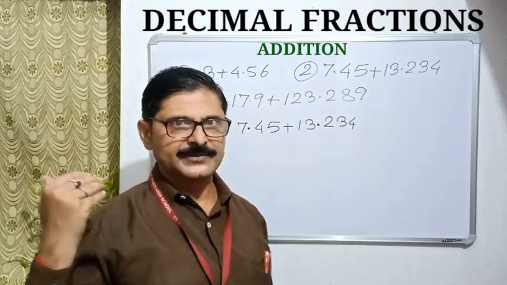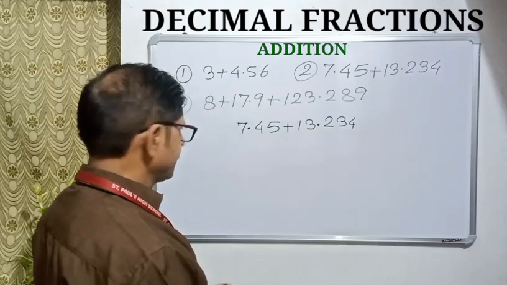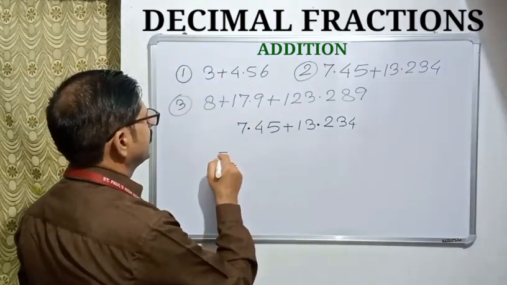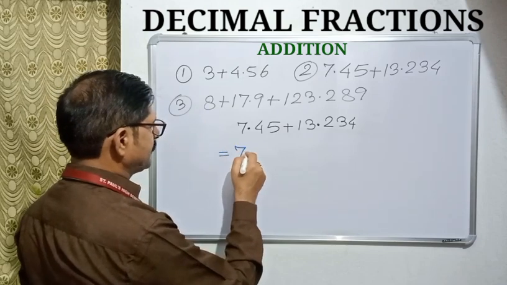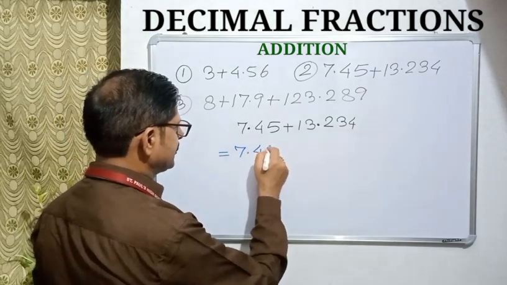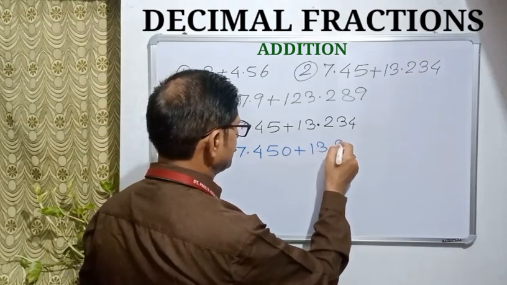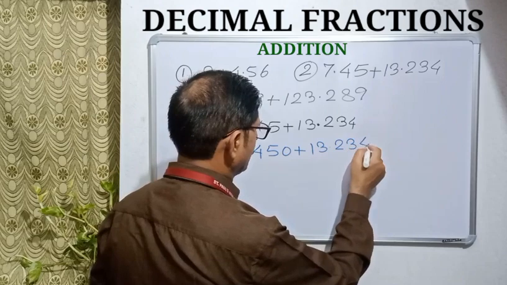You can take help of that, and your numbers will be 7.450 plus 13.234.